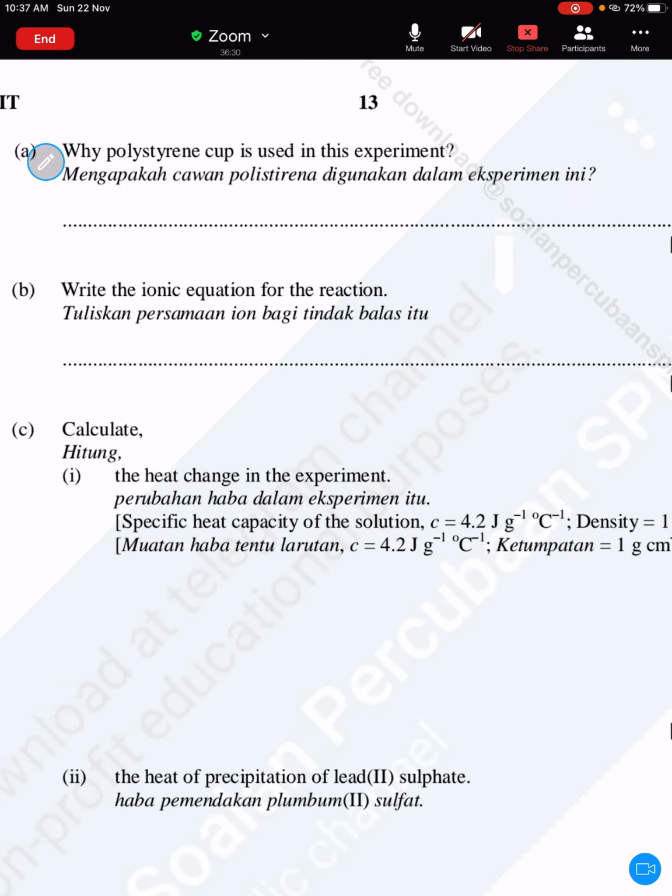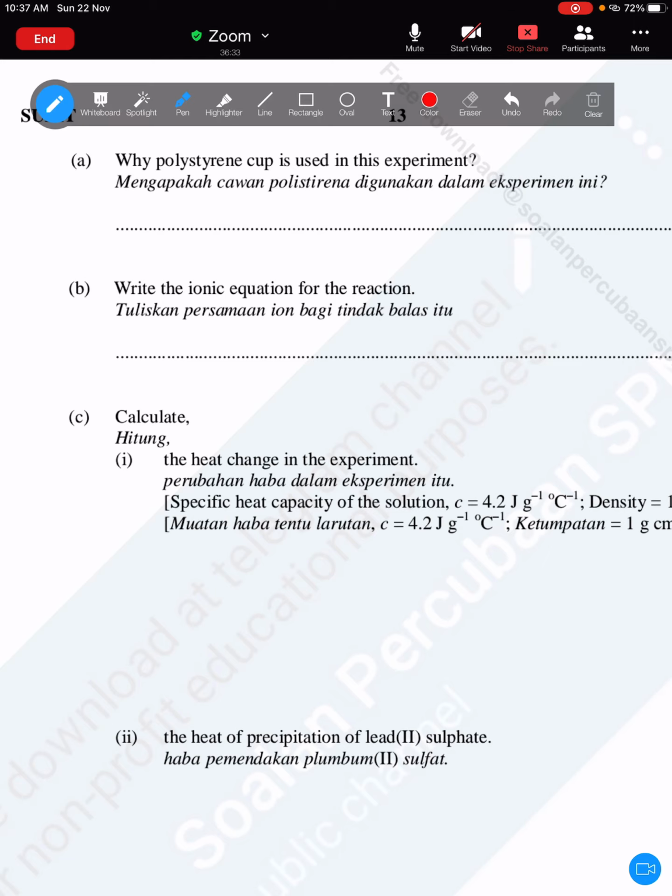Then let's look. Okay. This is a very common question, guys. Very common question. Why are you using a polystyrene cup? Any idea? Why specifically are you using the polystyrene cup?